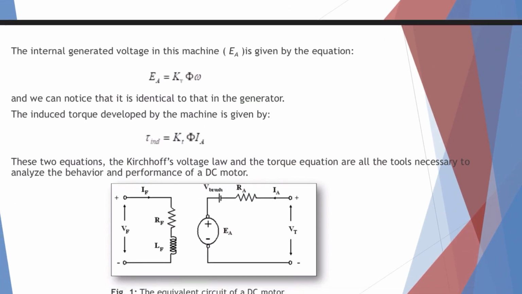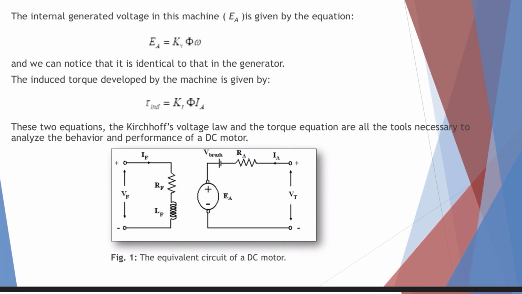Okay, so the internal generated voltage in the machine EA is given by what equation? EA equals K flux omega. Okay, this is the equation, and we can notice that it is identical to that for the generator. And the induced torque developed by the machine is given by what?